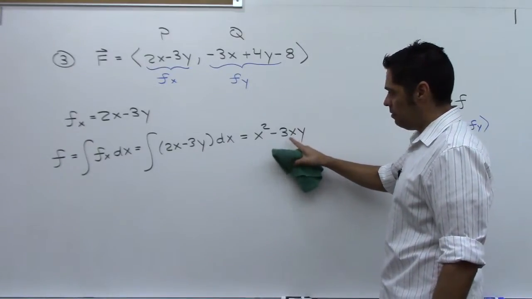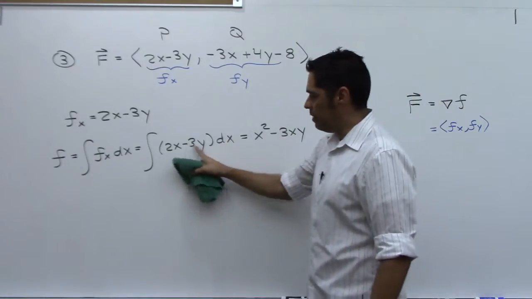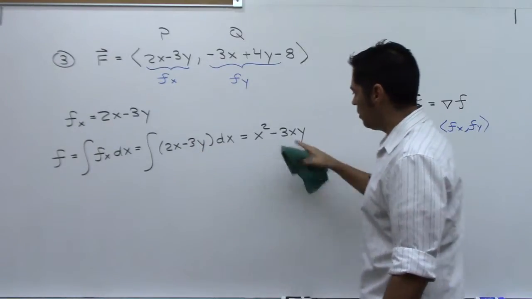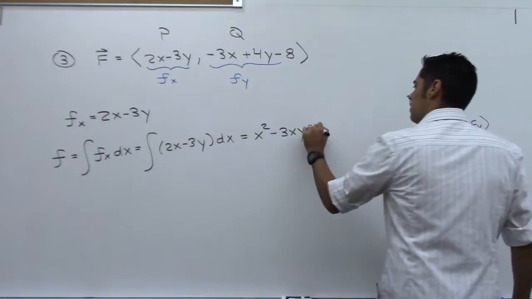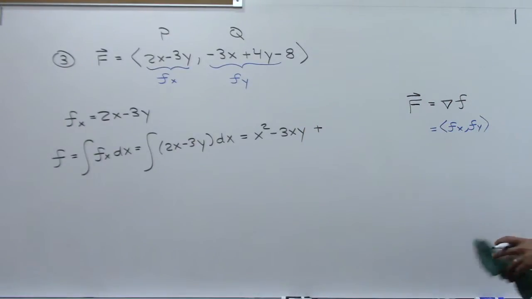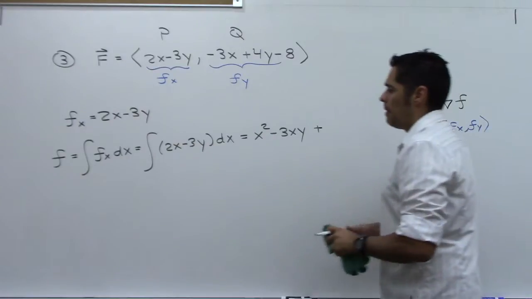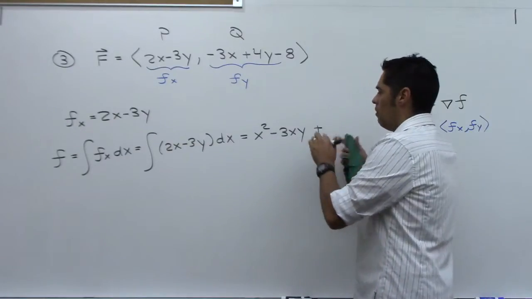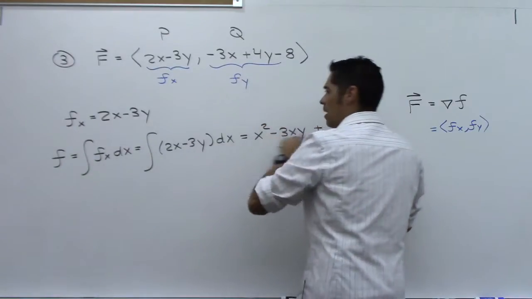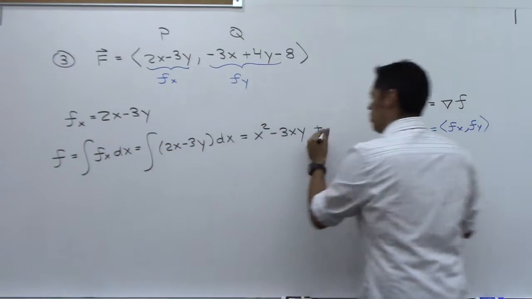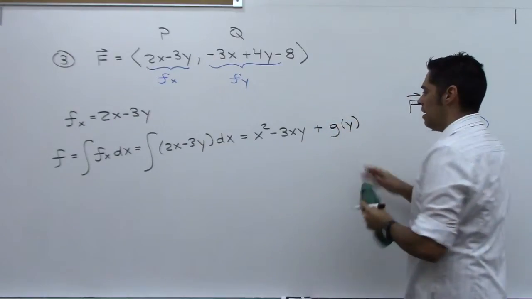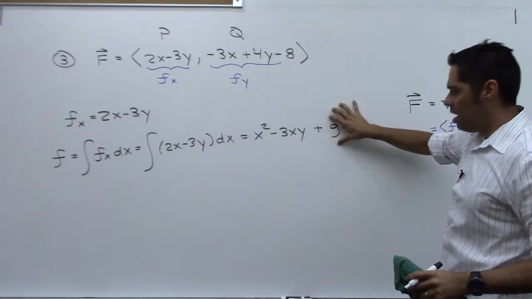So remember, in the antiderivative of this, we treat all of it like a constant. Integrate that with respect to x, so an x appears. But then we have this constant of integration. Whatever's over here, if I take the derivative of this with respect to x, I should get this back. So it could be possible that I have some function of y over here where all I have are y's and constants.